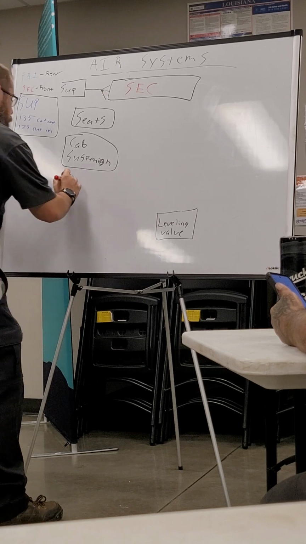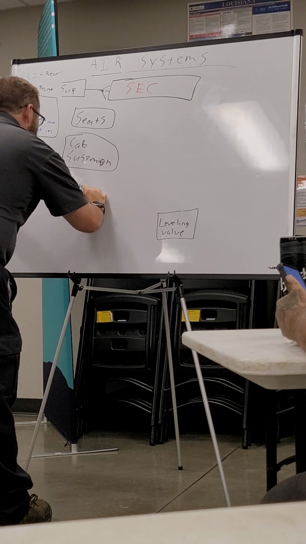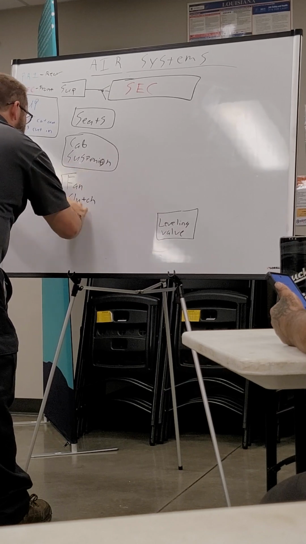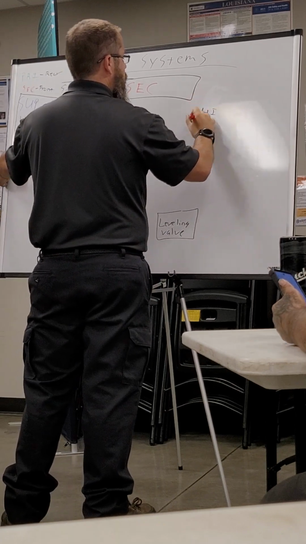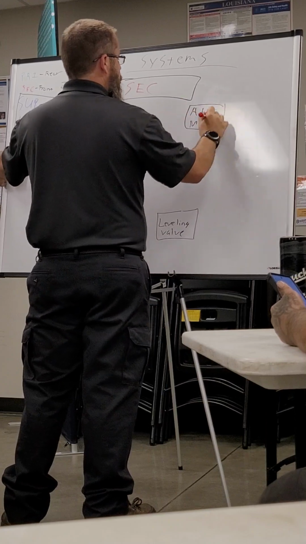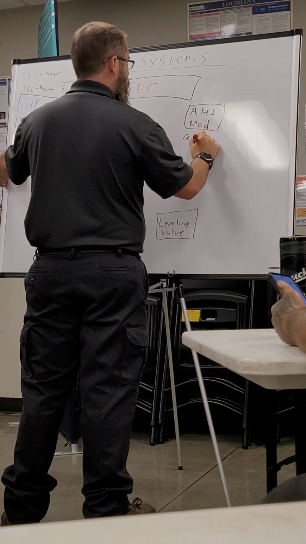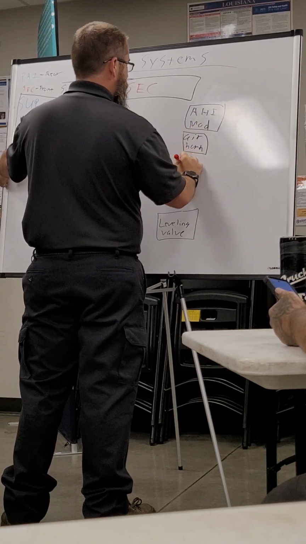Okay. We've got a fan clutch, we have an AHI module, air horn, diff locks.